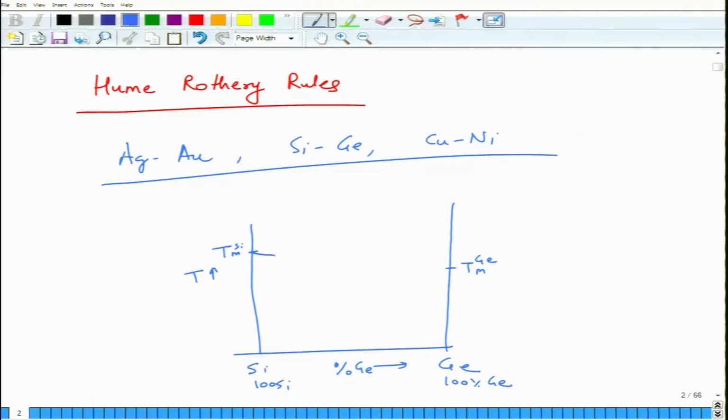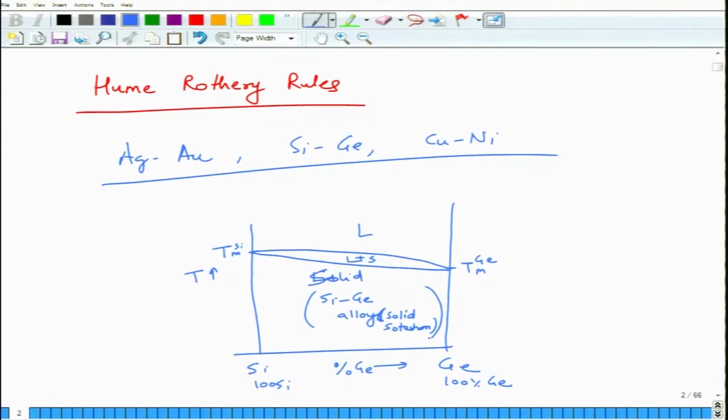What they form is the same structure all throughout, a silicon germanium alloy which is a solid solution. It is a disordered solid solution, not an ordered one. At high temperature it is liquid, between these lines it is liquid plus solid, and below it is only solid, and this solid is the solid solution.